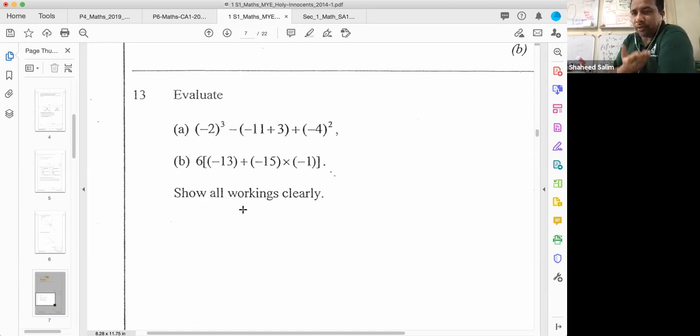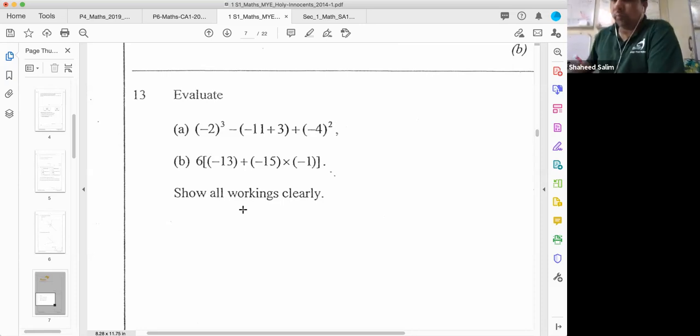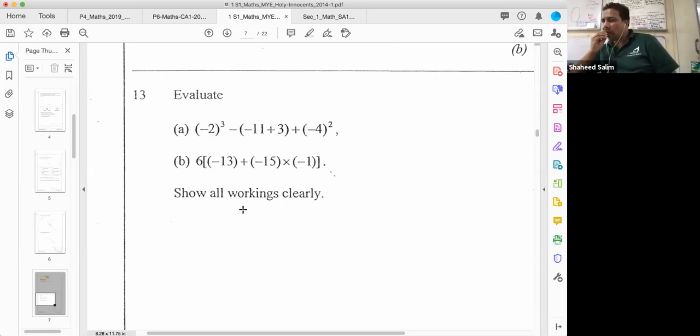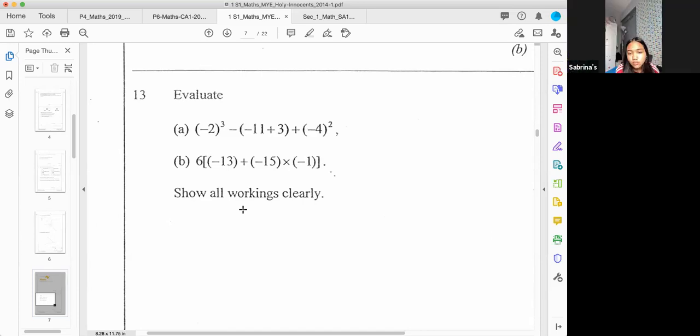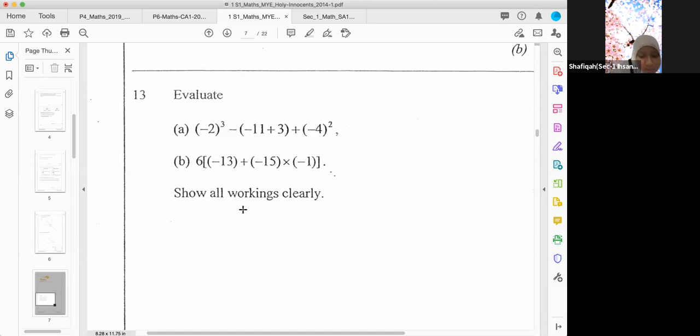Sabrina, you all right? Can do this one. This is quite simple. Plus and minus equals to minus.